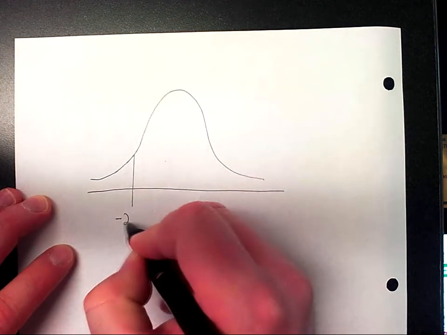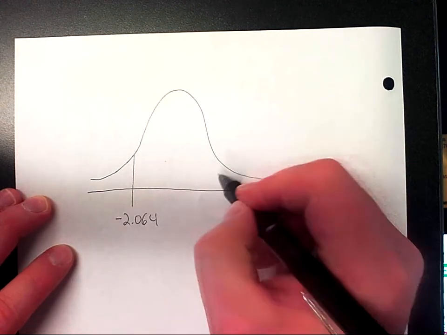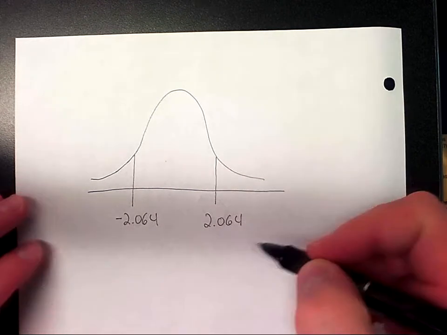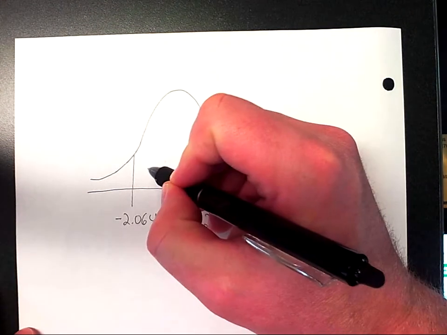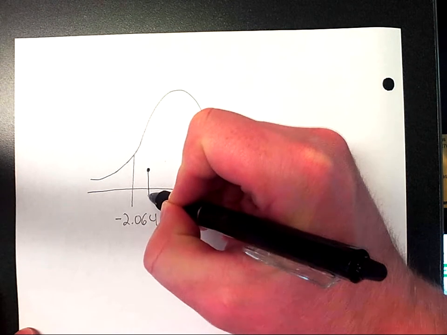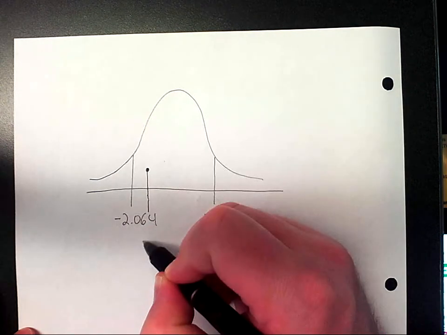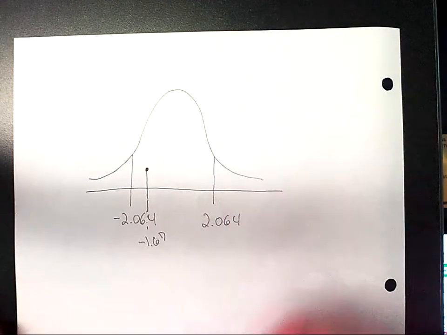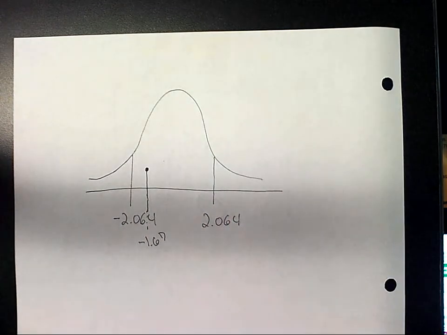Here we had negative 2.064, and we had positive 2.064. And then we found that we had some value, and this value was negative 1.67. So I'll just draw this right here. This is what we had in the previous problem.